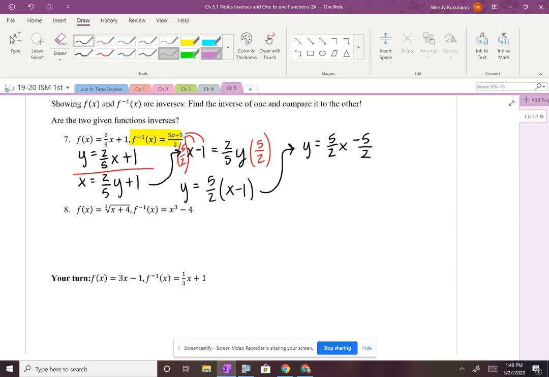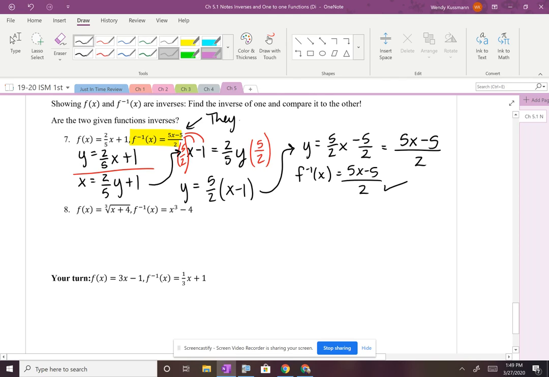So again, this still doesn't look like what we want, but if we combine them, this leaves me with 5x minus 5 on the top over a single 2. And that actually is the same thing. So f inverse of x is 5x minus 5 all divided by 2. And that is true. So this tells me that these are inverses, right? They are inverses.